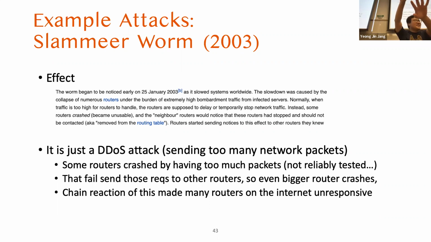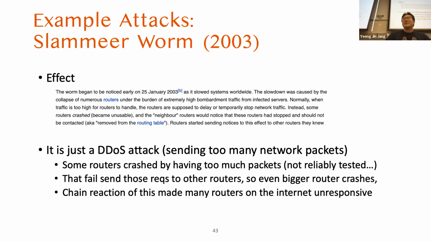If they are not responsive and not sending any response, then the router one hop ahead needs to decide to send that packet to another router. Suppose we have 10 routers, and 5 of them died. Then the remaining 5 get twice more traffic, and then they make some more die. There is a chain reaction taking down many routers on the internet.